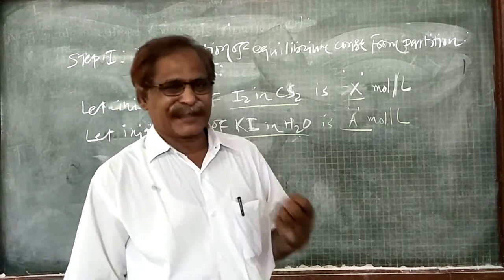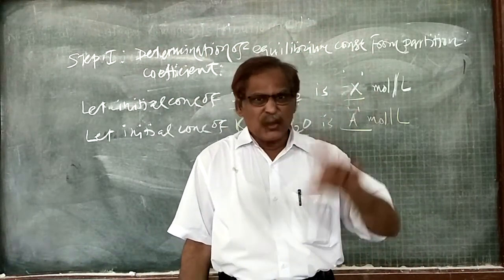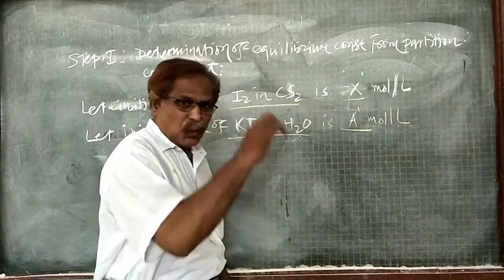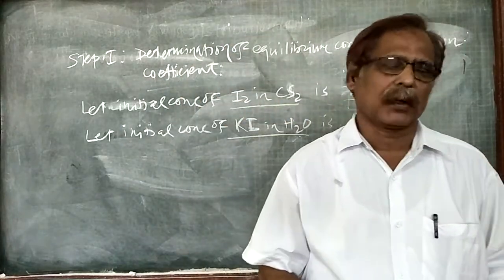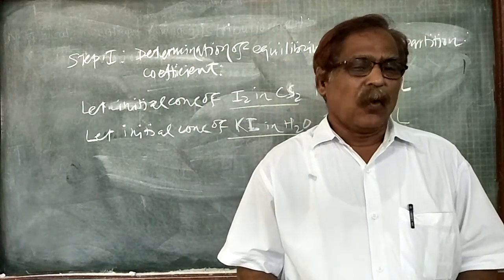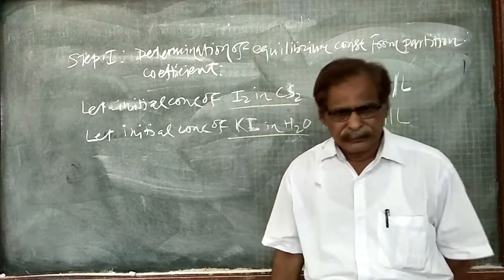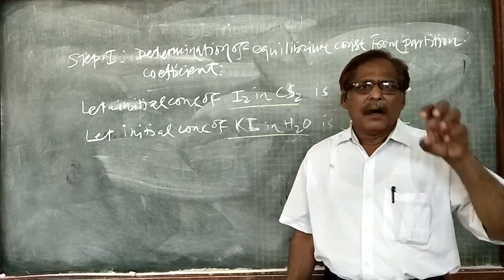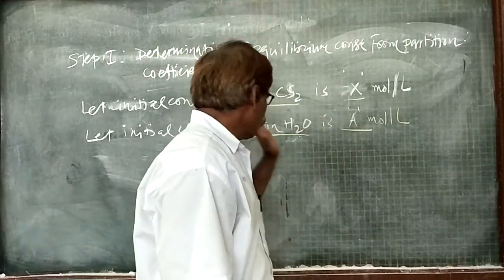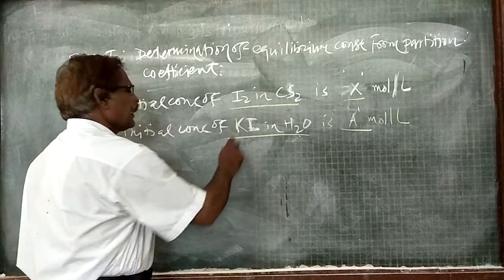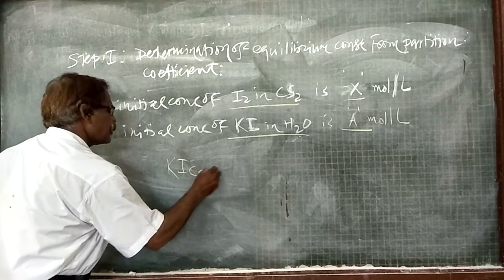Iodine, in this case one of the reactants, distributes between two immiscible solvents, carbon disulfide and water, and whatever iodine goes into aqueous solution, most of the iodine molecules react with KI in the aqueous layer and give this complexation reaction.